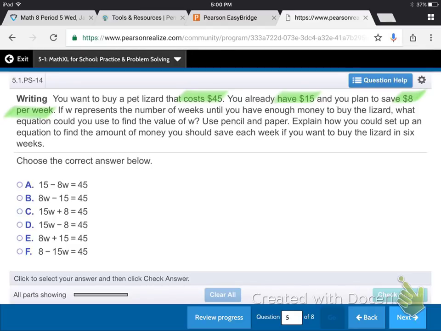If W represents the number of weeks until you have enough money to buy the lizard, what equation could you use to find the value of W? Explain how you could set up an equation to find the amount of money you should save each week if you want to buy the lizard in 6 weeks. Okay, so we have $45. Okay, we have, oops, I'm not sure what just happened there.